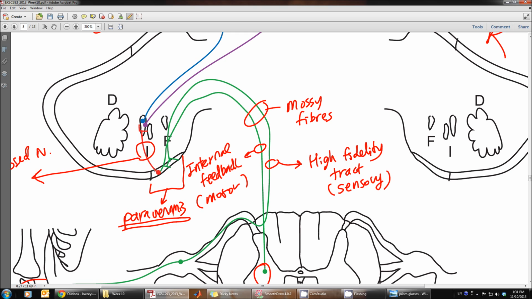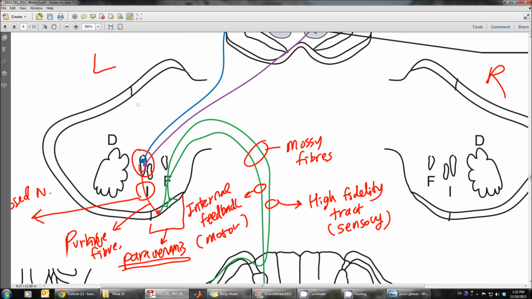So this red neuron that sends the output to the deep nuclei is our Purkinje cell, or Purkinje fiber. That's the output of the cerebellar cortex. It goes to the deep nucleus, which is our interposed nucleus. And from the interposed nucleus, it's the output of the cerebellum.